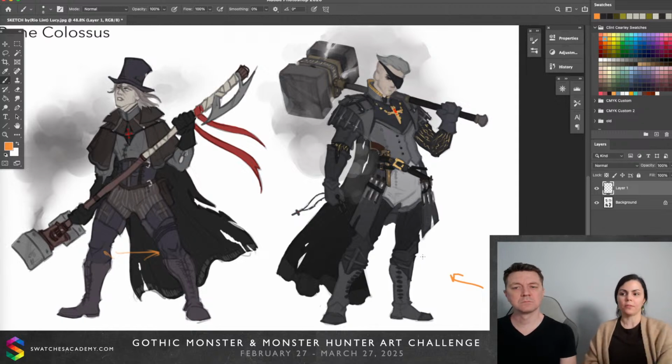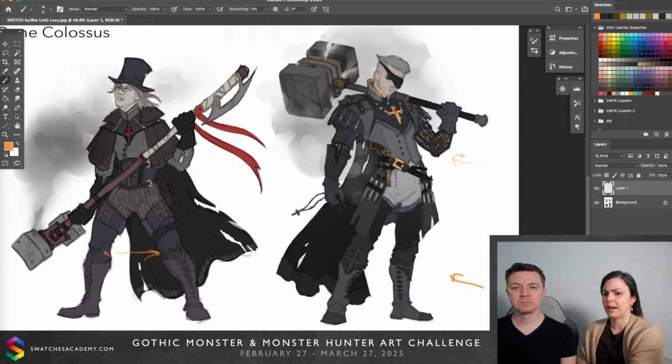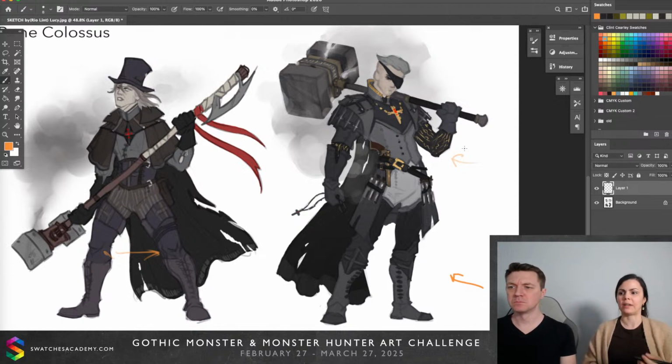I like both of the costumes just right off the bat. I think they're both really cool and they can work as characters just on their own merit, not necessarily even connected to this brief. But I think we both agreed that the top half of this guy is almost princely. Yeah, it's a little bit too dressy for a gravekeeper.